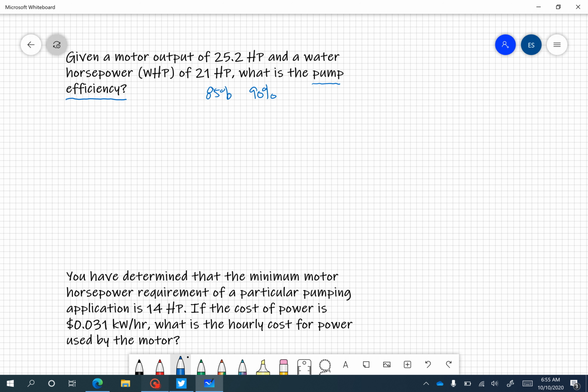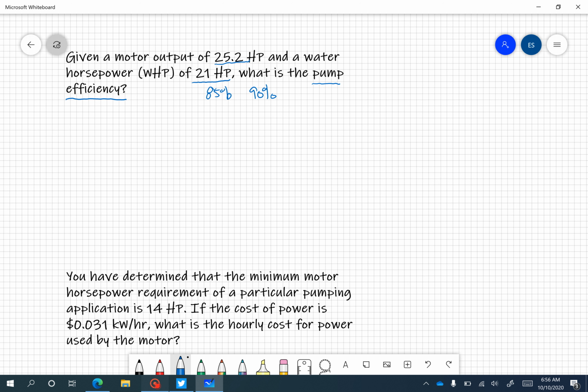So what we're really trying to determine is what percentage of motor horsepower, 25.2, is water horsepower, 21. And that is going to tell us what the pump efficiency is, right?